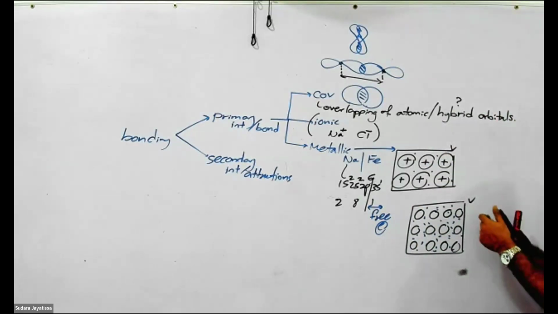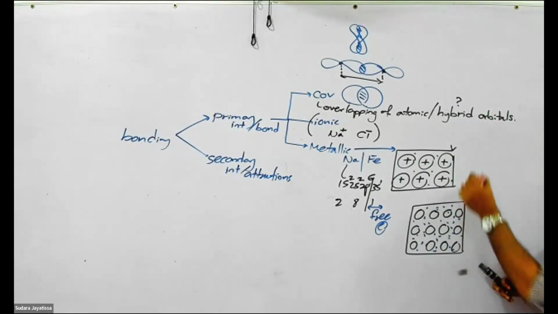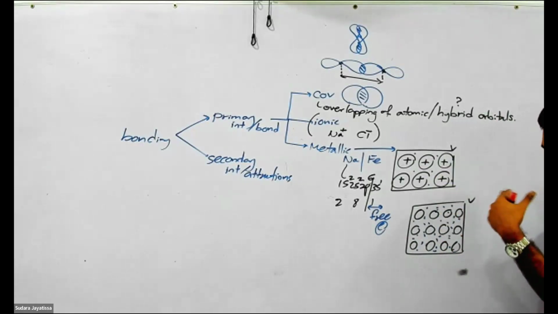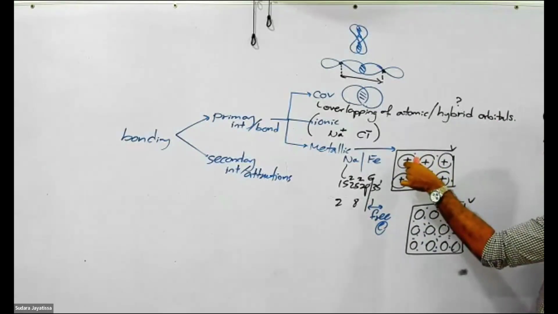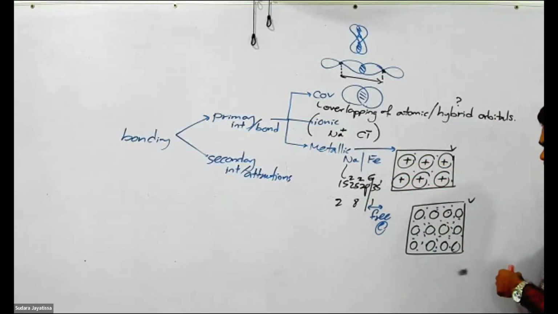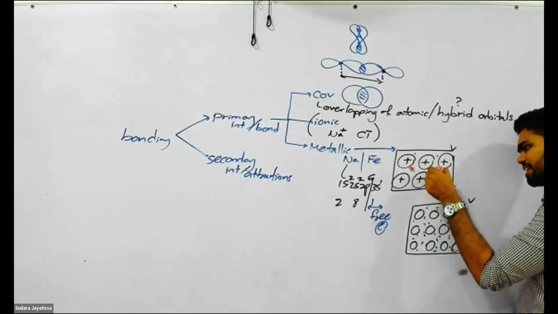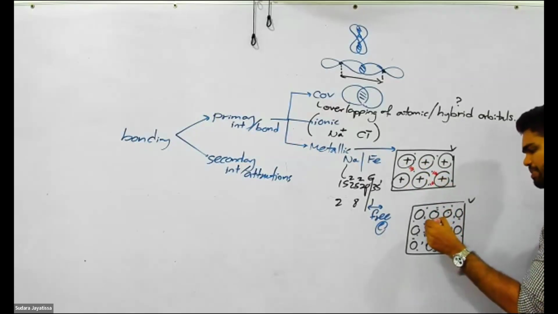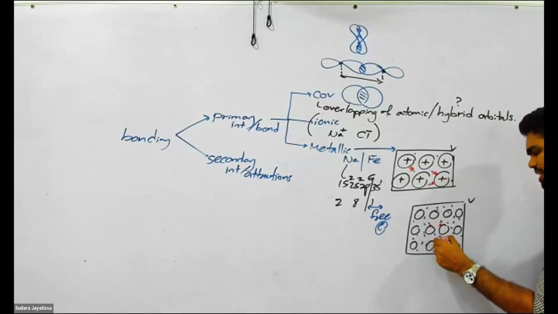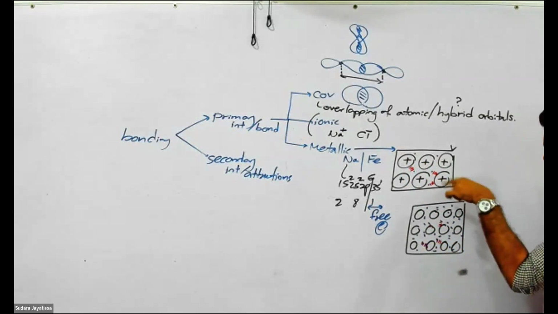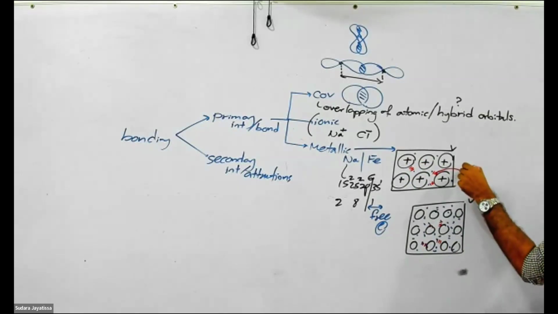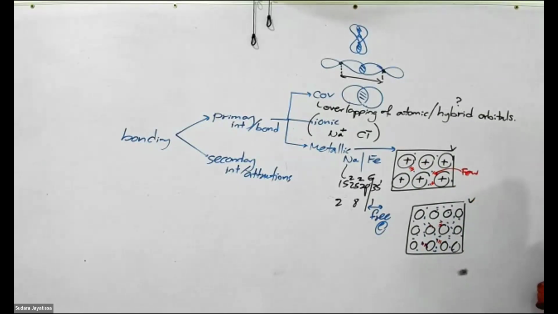Now electrons are negatively charged, and the metal ion is positive, and they will have these attractions. We represent these attractions by these small broken lines. Here you have a fewer number, but here you will have a larger number of attractions.